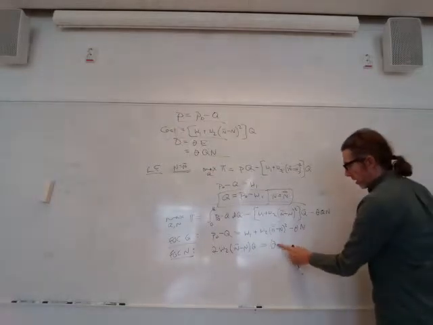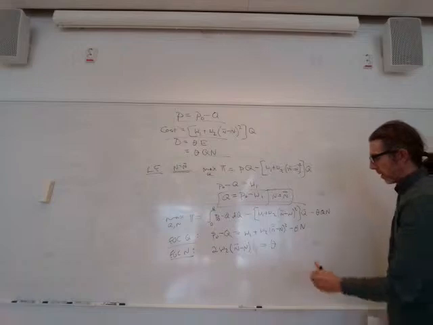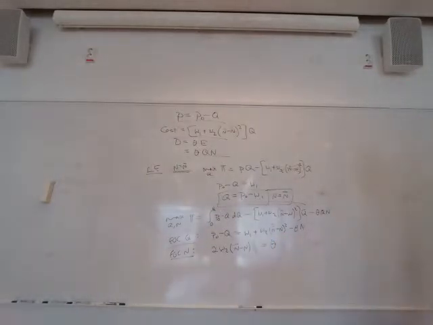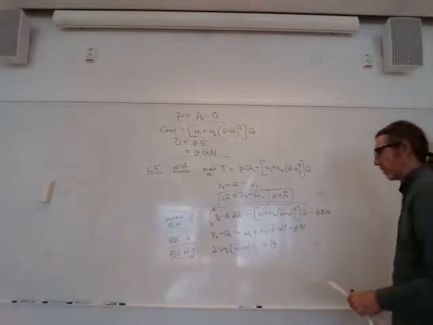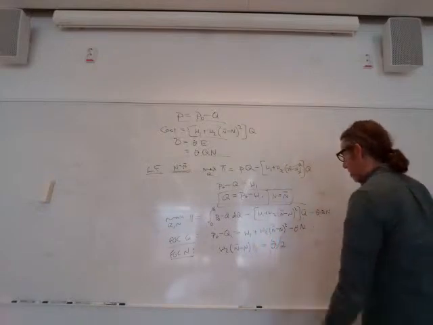Okay, so the Q's go out, and we just have this. 2W2 (n bar minus n) equals theta, or W2 (n bar minus n) is theta over 2.